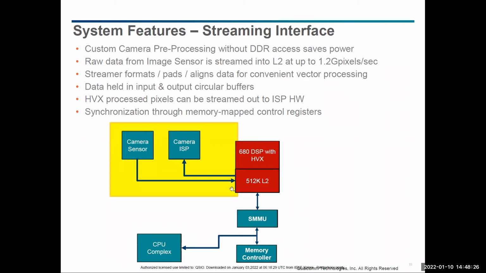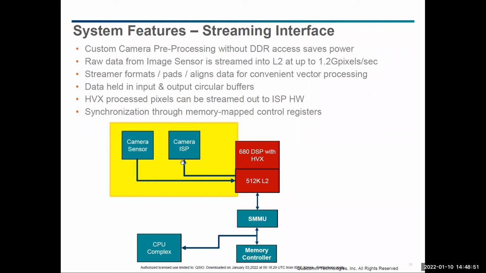And the data, when it is passed towards the DSP or from the DSP back to the camera ISP, this whole operation is done in circular buffers. So there will be circular buffers that keep capturing the data from the camera sensor, sending it to the DSP, and DSP, once the processing is done, it will send the data to the camera image sensing processor.